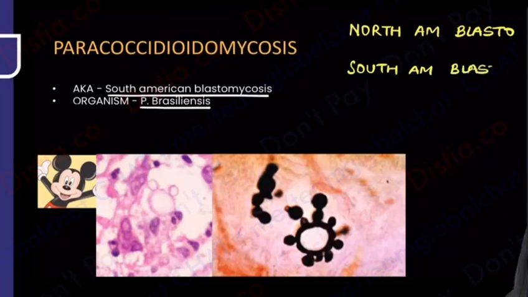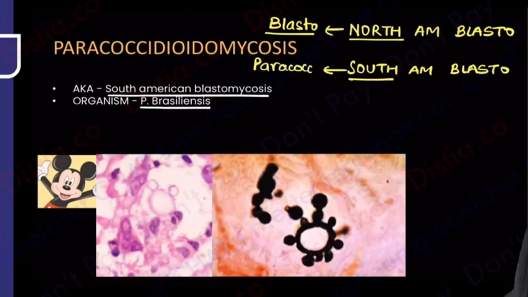North comes above south, and south comes below. So North American blastomycosis was just blastomycosis, whereas South American blastomycosis is paracoccidioidomycosis.